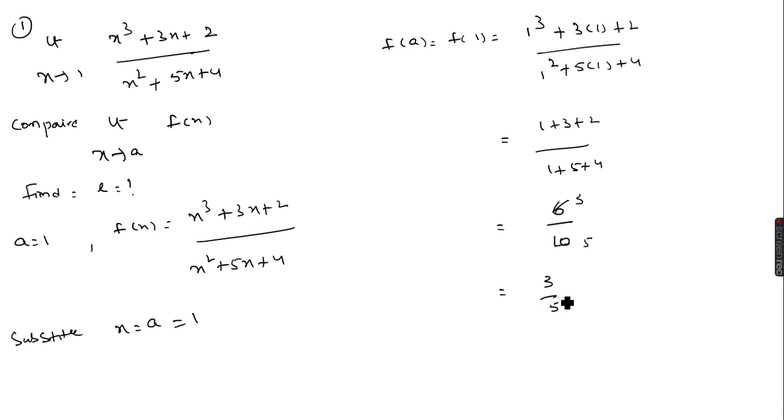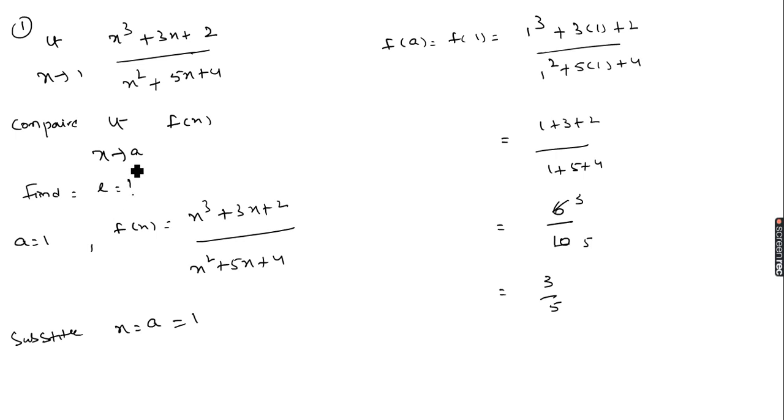So here how are we finding the solution? The limit as x tends to 1 of x cubed plus 3x plus 2 by x square plus 5x plus 4. What do we do? We compare with the limit as x tends to a of f of x. What we find is the L value.